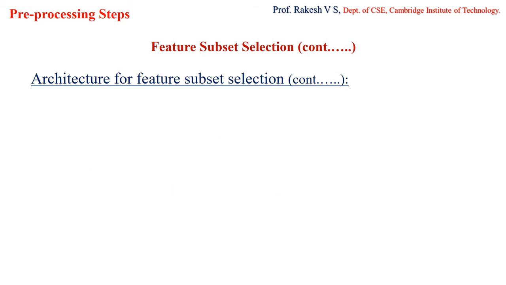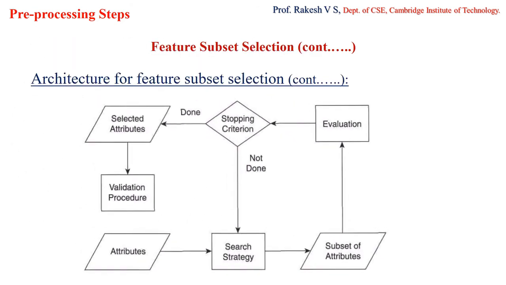Now let us see the architecture part of it. So this is the architecture. As I told earlier, initially we'll be having n number of attributes available, and for these attributes we will be applying a search strategy. From this search strategy we'll be getting subsets of attributes. For these subsets of attributes, internal evaluation will be carried out, and then we will see whether the stopping criteria is met.